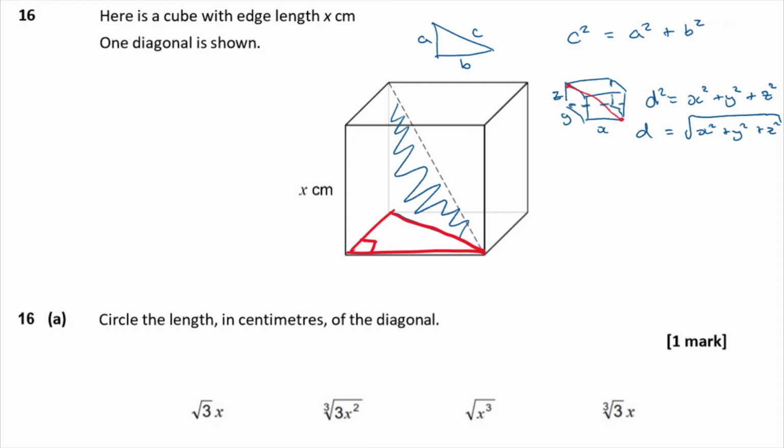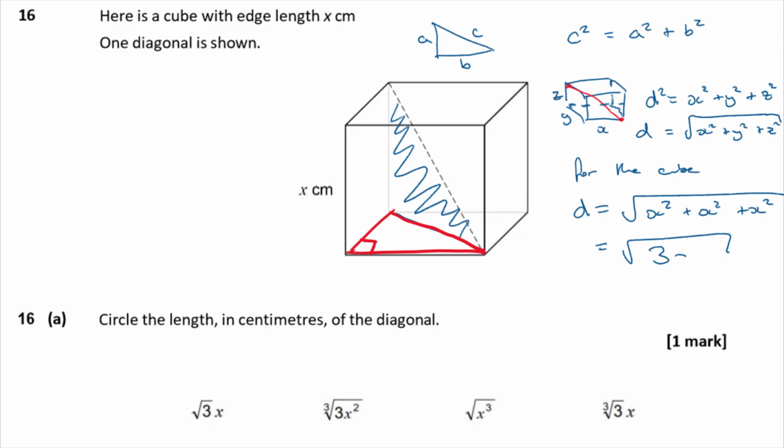In this case, it's a cube, not a cuboid. So x, y, and z are all the same, aren't they? For the cube, where all the sides are the same, d is going to be equal to the root of x squared plus x squared plus x squared, because all three sides are the same, which is the same thing as the root of 3x squared. Which one is it?